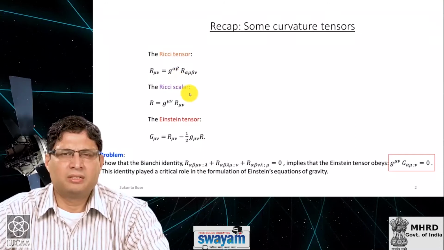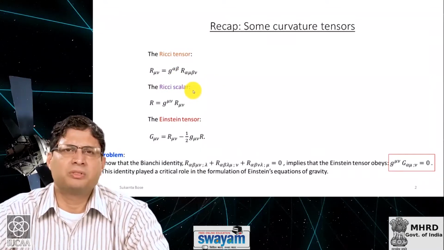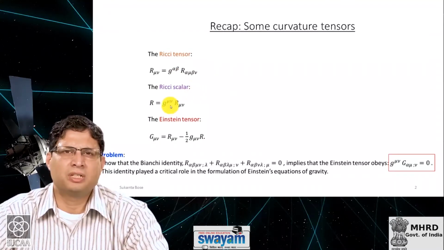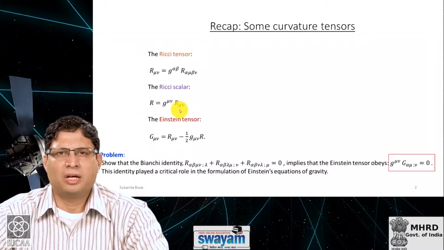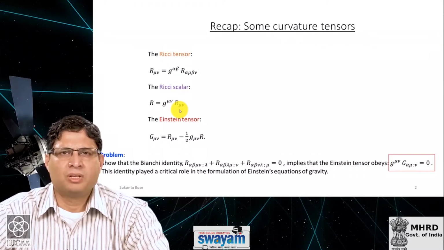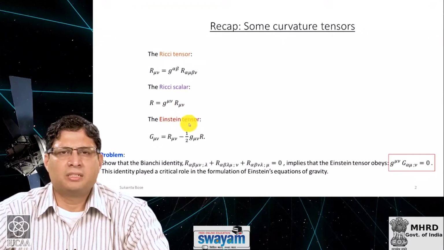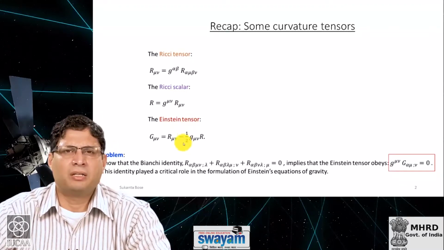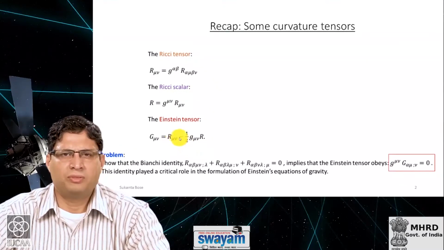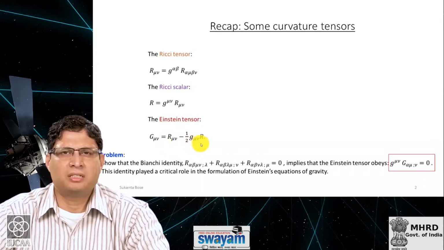The Ricci scalar, which is invariant under coordinate transformations, is obtained by another contraction. So, this time you apply the inverse metric on the Ricci tensor. Finally, the Einstein tensor is obtained by this combination of the Ricci tensor and the Ricci scalar.